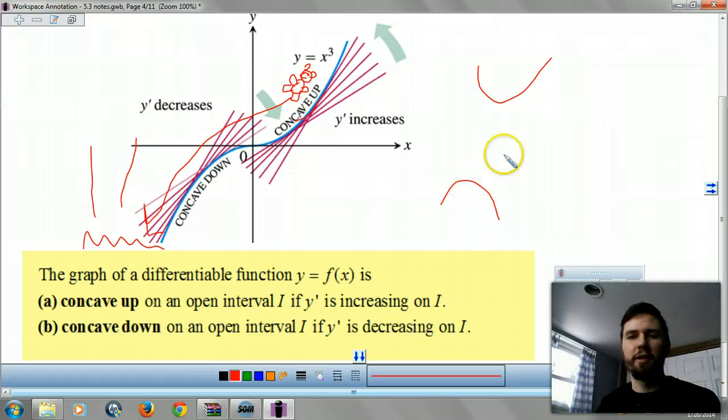Where's the bear going to live here? Here, the bear is happy as can be. Yay, bear. Here, the bear falls off the cliff. Concave down, your derivative is constantly decreasing.